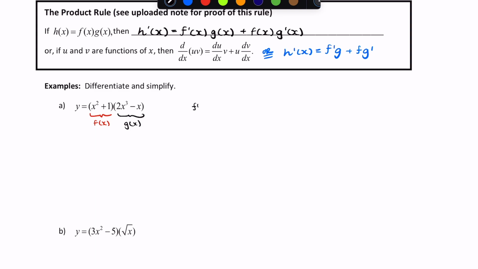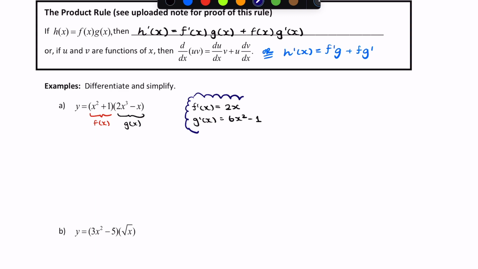So we see that f of x is equal to x squared plus 1. So f prime of x is equal to 2x, and g prime of x is equal to 6x squared minus 1.